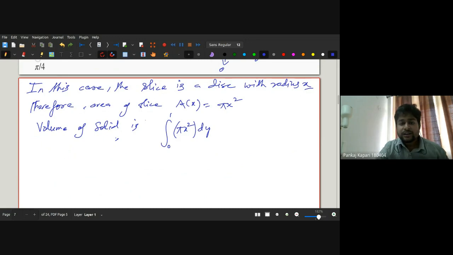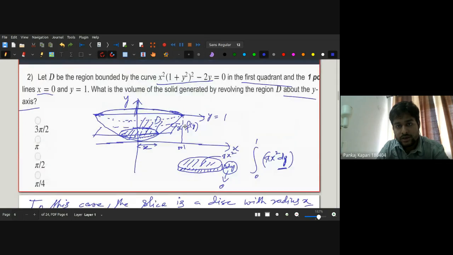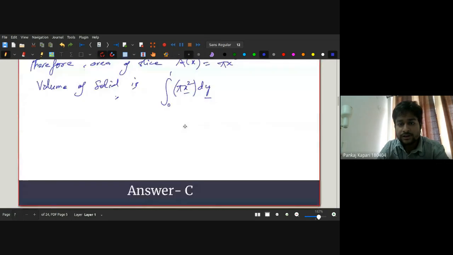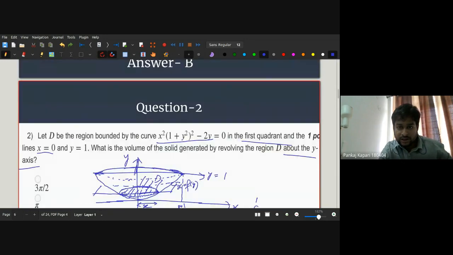But because the independent variable is y, we have to find this x square as a function of y. So what is our curve? Our curve is already given: x square times (1 plus y square) whole square is equal to 2y.